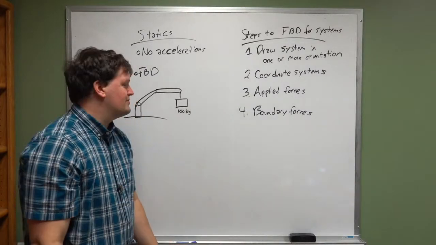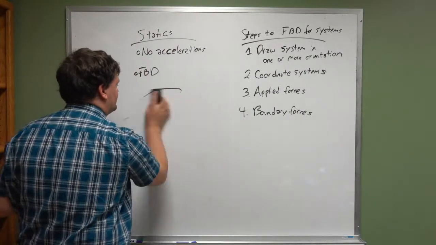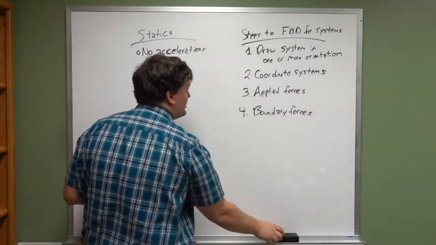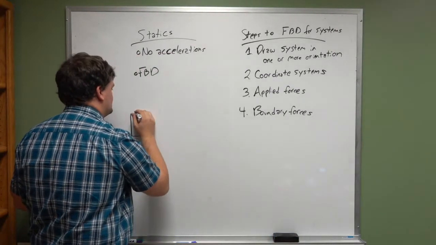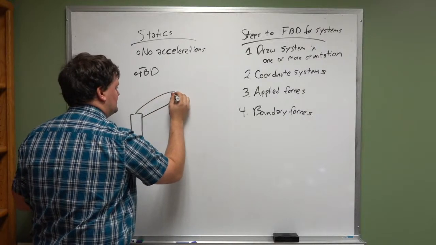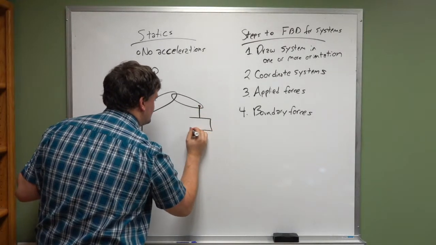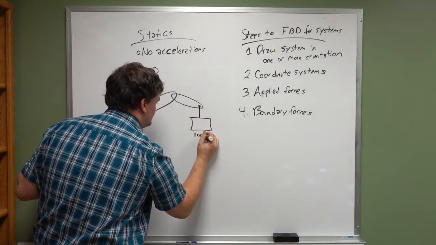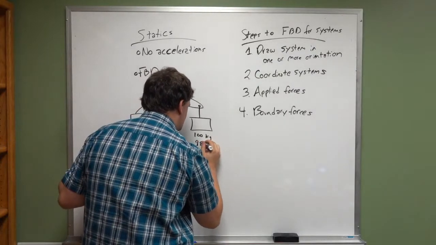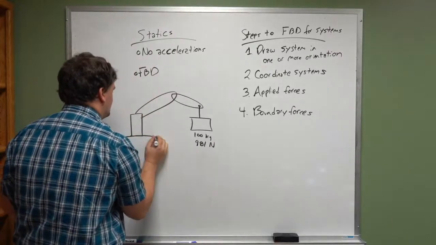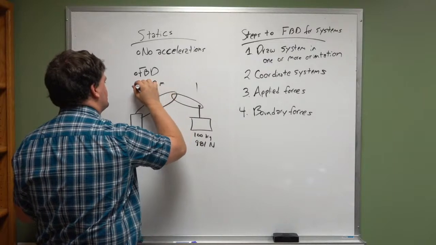Let me draw this a little bit bigger. I've got this station, this arm, and a box. This box is 100 kilograms, which is 981 newtons. We'll say this reach distance here is 2 meters.